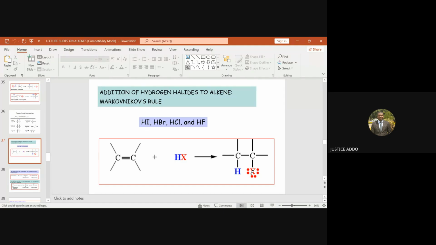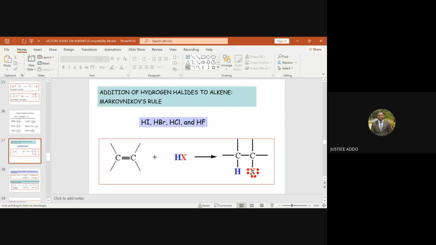This particular rule, Markovnikov's rule, is similar to the biblical saying. Those of you who are Christians, there's a biblical saying that in the gift of the Spirit, when you are given the spirit of teaching, or the spirit of prophecy, or the spirit of healing, and then you use it well, you are given more.